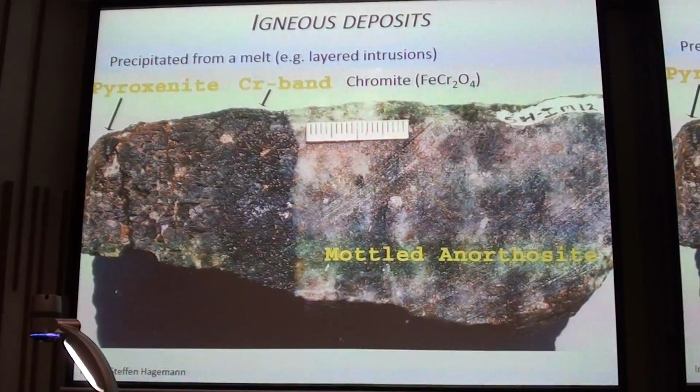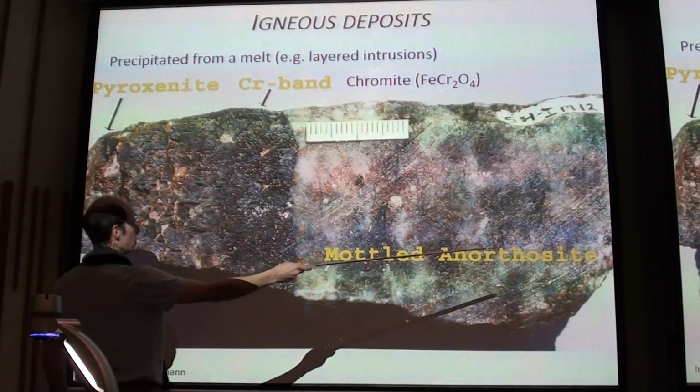This is just an example of an igneous ore deposit. This image should be rotated 90 degrees so that the bands are horizontal, because this was formed in a magma chamber where magma was injected into the crust and crystallized.